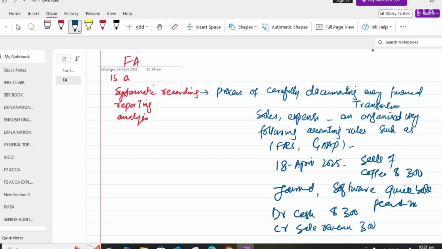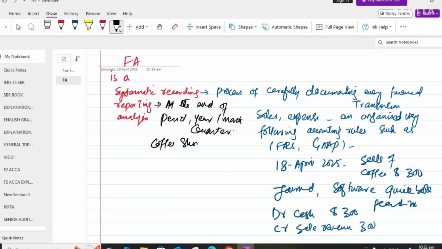Now let's move on. We have to explain the concept of reporting, what we mean by reporting. At the end of the period, it may be a year, a month or a quarter, the coffee shop will have to prepare an income statement.